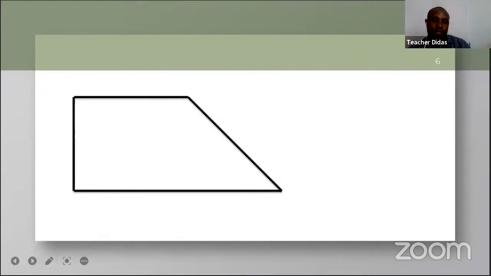If you know that figure, please put up your hand. Oh, Audrey is raising up the hand, and Alice, Christine. Let me give a chance to Audrey Namato. Yes, teacher. What is that figure? It is a trapezoid. Oh my God. Can you spell it?